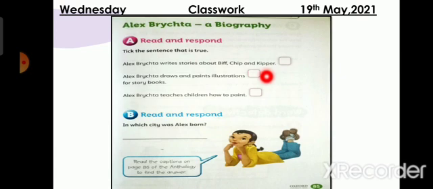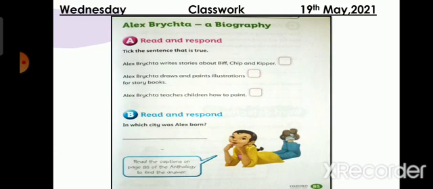Very nice. Now, come on the next question. Question number 2 is, in which city was Alex born? In which city was Alex born? You may open Student Anthology page number 85 to get the answer of this question.